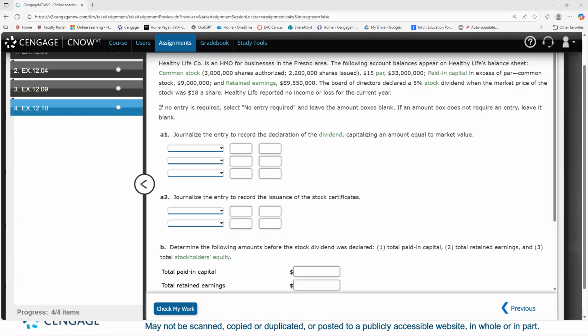The first thing we need to do to be able to journalize that entry is figure out how many shares of stock they're going to be issuing as part of this dividend. If it's a 5% stock dividend and they have 2,200,000 shares issued, we take 2,200,000 times 5%.